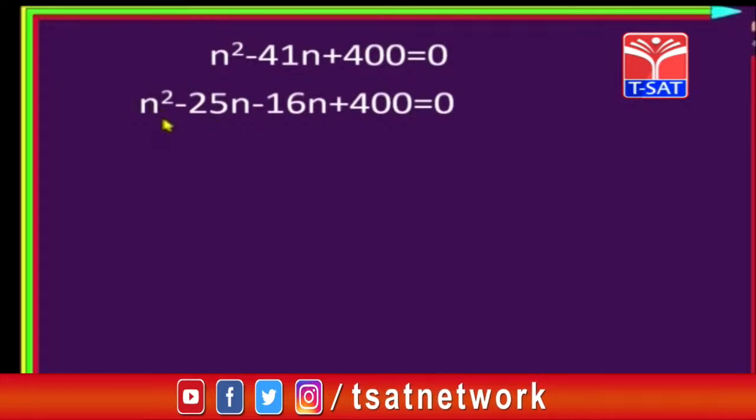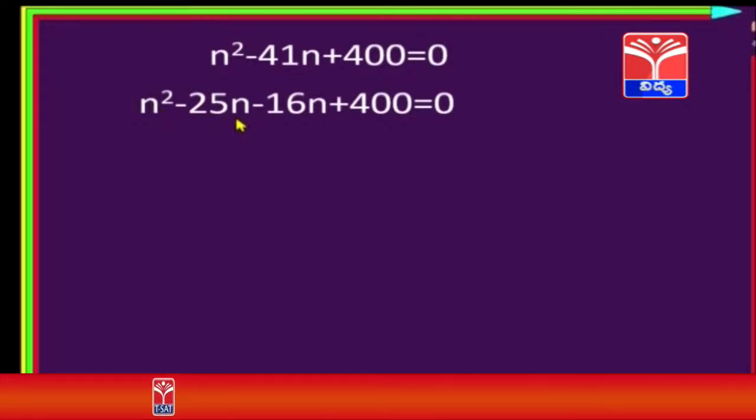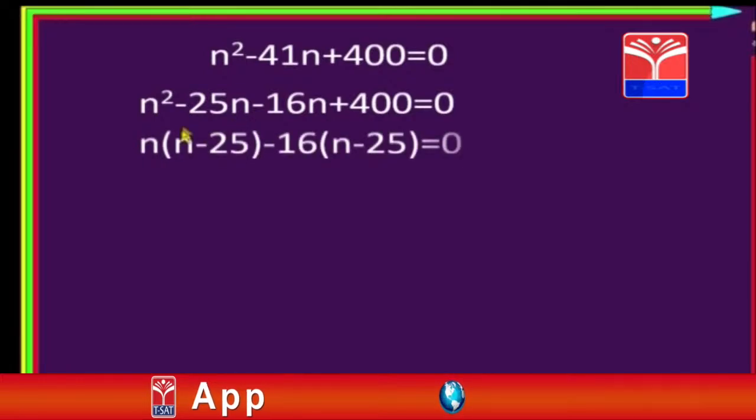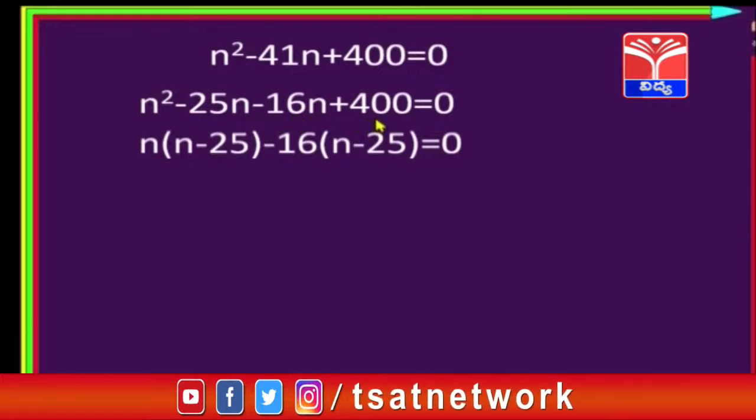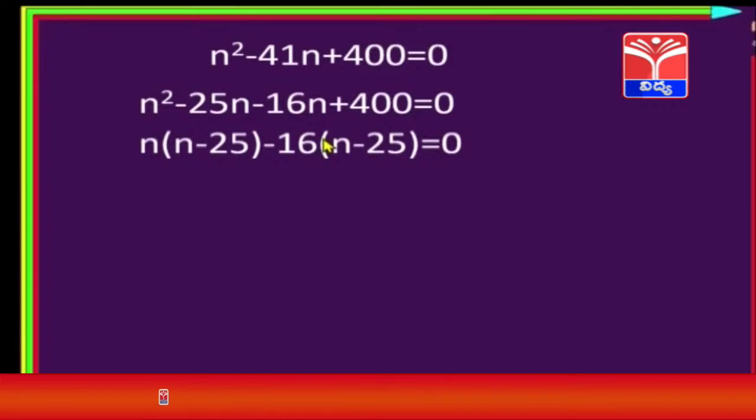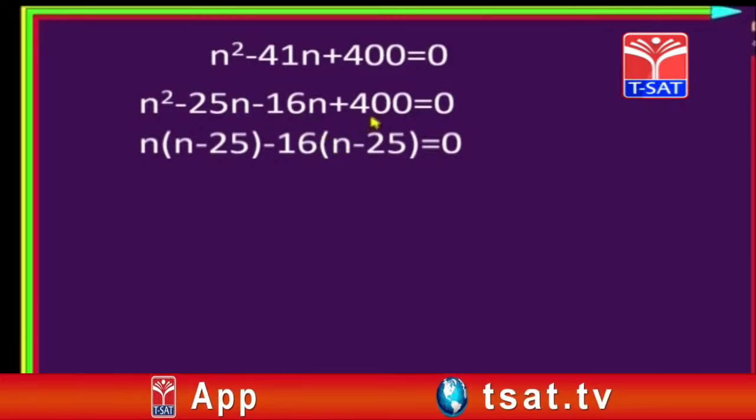Now what is common in the first two terms? n is common. So after taking n as common, we will get n here and minus 25 in the second term. In the latter two terms, those are minus 16n plus 400, minus 16 is common, then what is remaining? As minus 16 is common, here n is remaining, and in 400, divide 400 by minus 16, we will get minus 25.